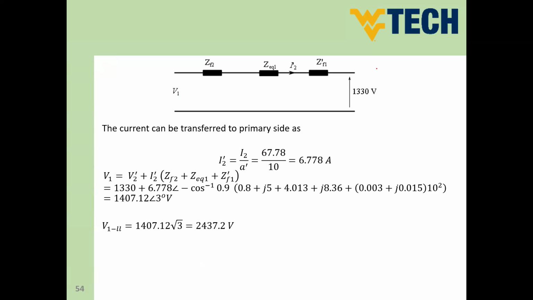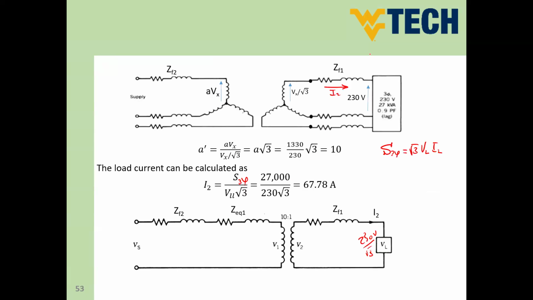So for the Y connection, again, let's go back here. This is going to be the volt of line to neutral. And you remember that the single phase transformer is 1330 volts. So the single phase transformer is equivalent to the phase volt of our Y connection.